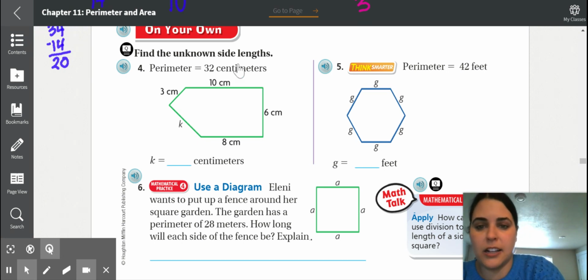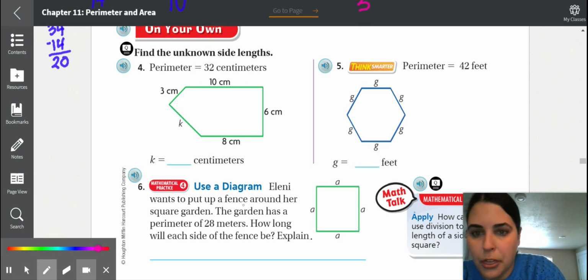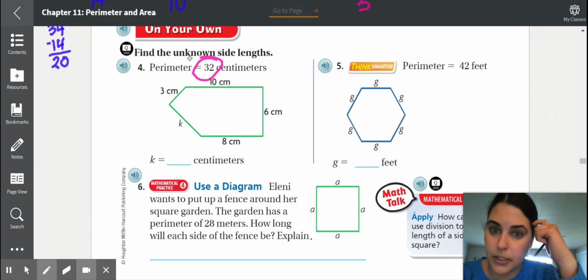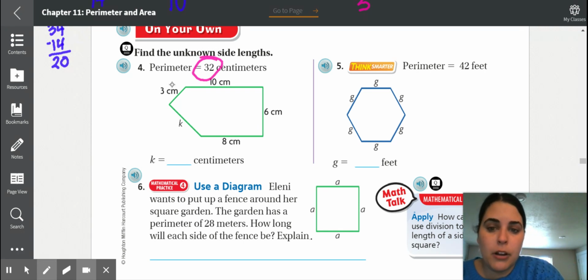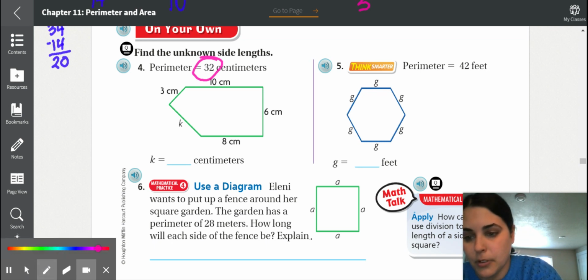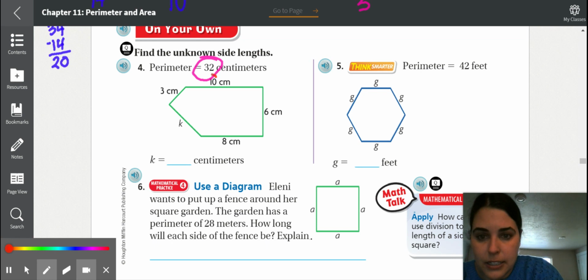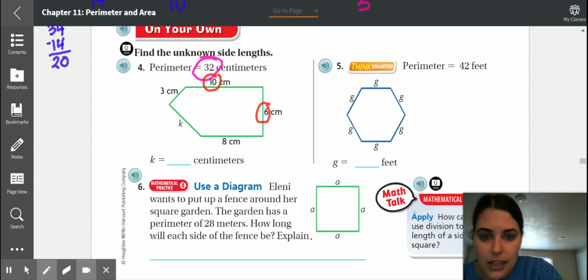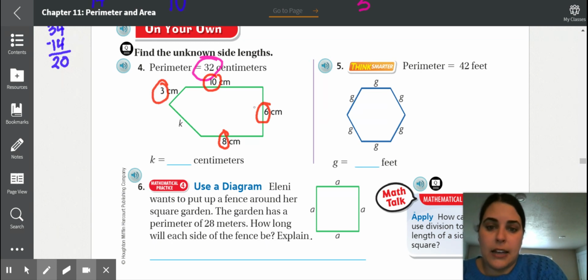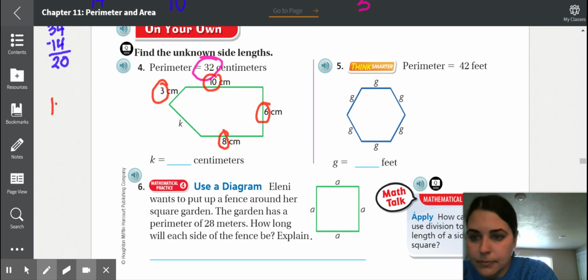Find the unknown side lengths. The perimeter is 32 centimeters. So we need to add up all of the numbers that we have and subtract it from 32. So you should have added 10 and 6 and 8 and 3. Okay, 10 plus 6 plus 8 plus 3. Here's our 10.